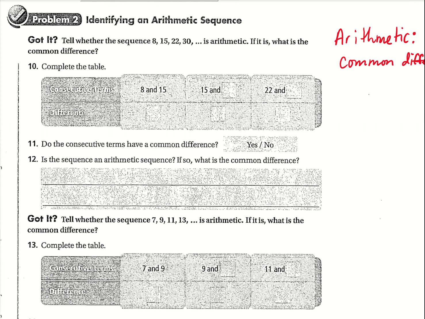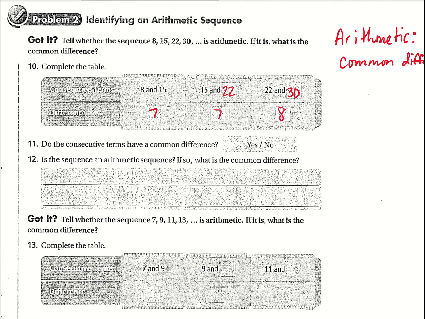So we have consecutive terms, which is like the x value if this was a table of x and y values. The consecutive terms are 8 and 15, then 15 and 22, then 22 and 30. Then we see if there is a common difference. 8 and 15, the difference is 7. 15 and 22, the difference is 7. 22 and 30, the difference is 8.